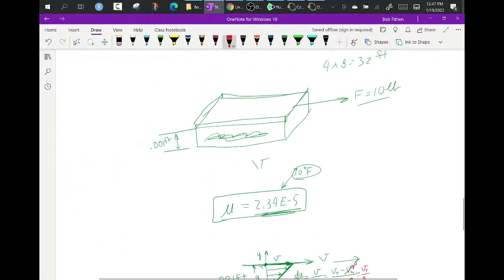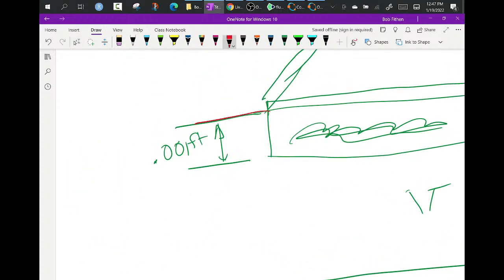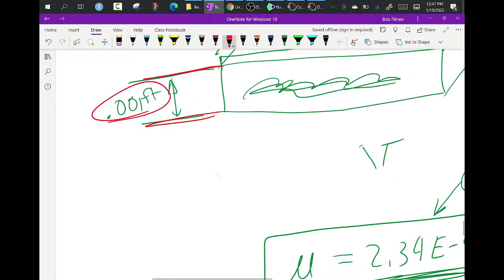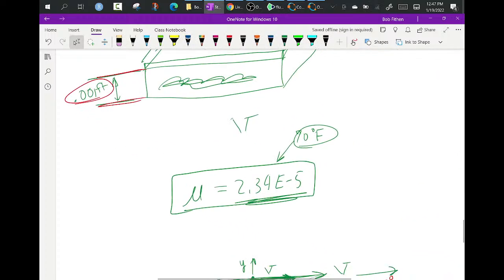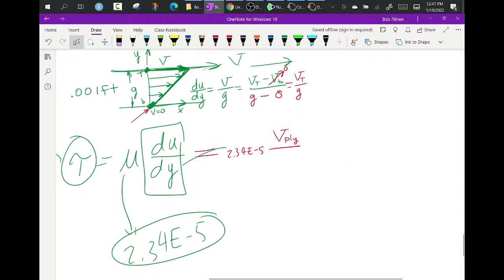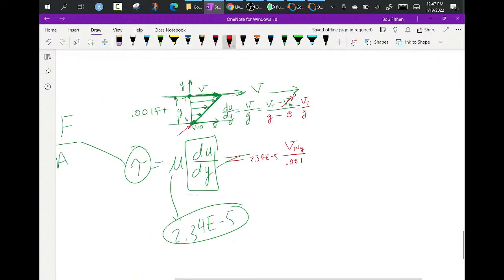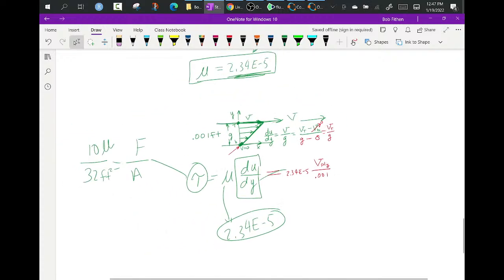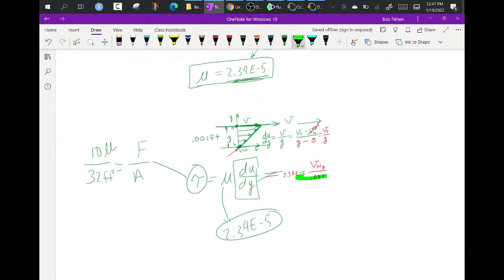Now, I'm not going to claim that it's easy to measure that gap, but these days there's a lot of equipment that can measure distances pretty accurately. So I'm going to say it's 0.001. If you look at this equation, here's what I have as knowns: on the right side this, on the left side this.